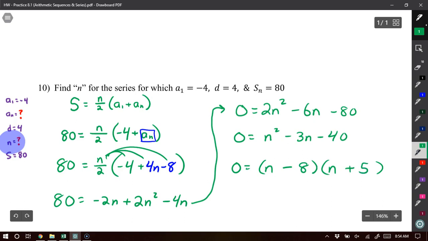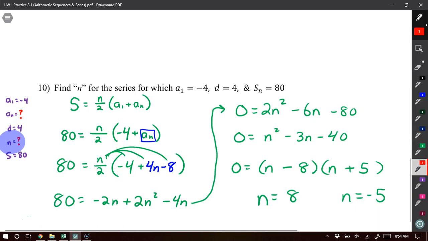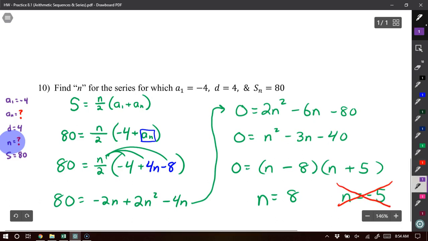So n minus 8 times n plus 5. So n is 8 and n is negative 5. However, think about it, you can't have a negative position in the arithmetic sequence. So we ignore this one, and our answer is 8.